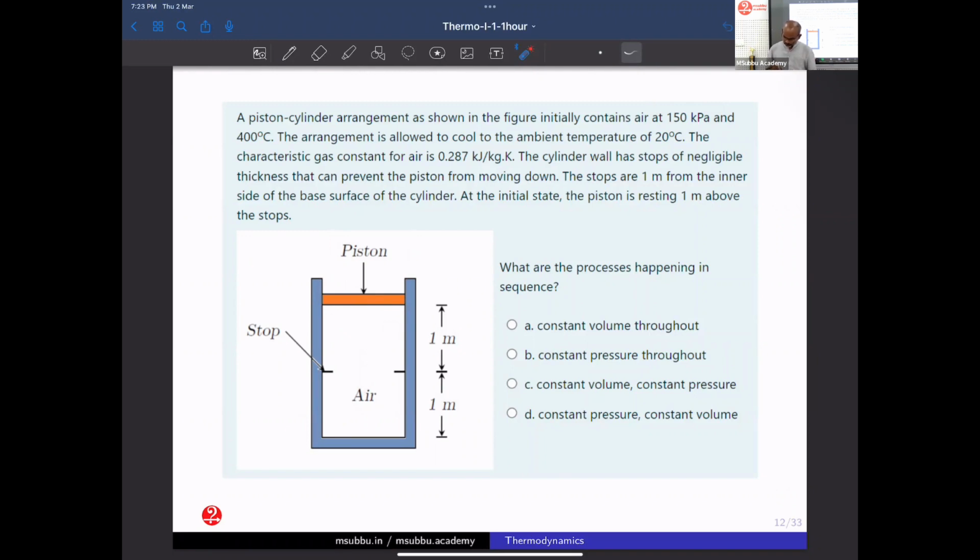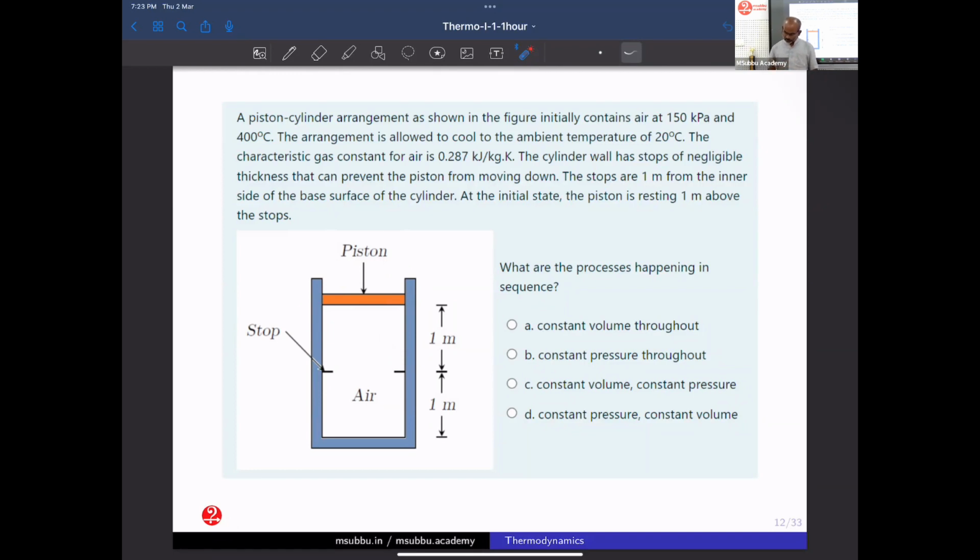So this opposing pressure is simply equal to mg, the gravitational force of the piston, divided by the cross-sectional area. This mg by A remains constant, because m is the mass of the piston head, g is a constant, and the area is also a constant. So the pressure exerted on the air by the piston weight is a constant.